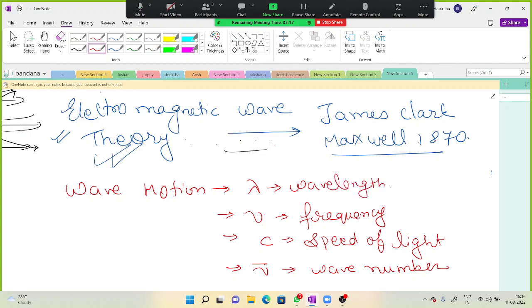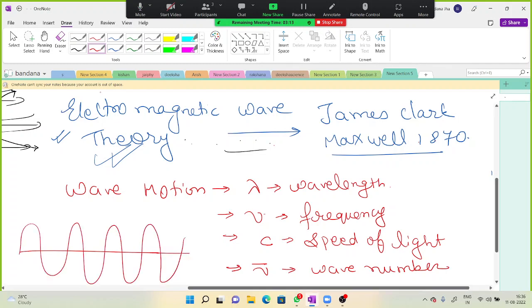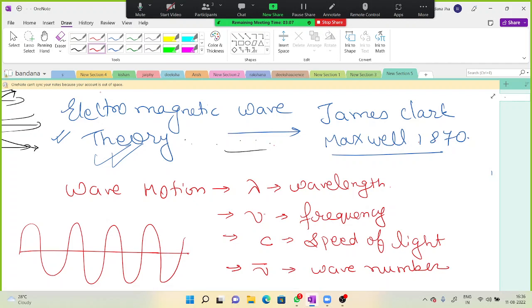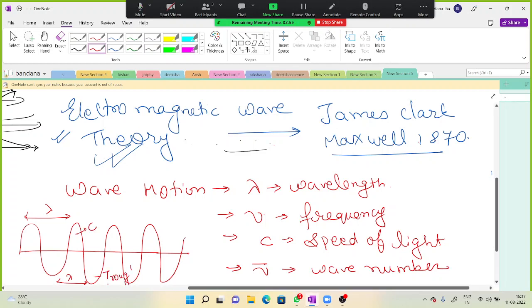Wavelength is the length between two consecutive crests or consecutive troughs. This is your crest and this is your trough.